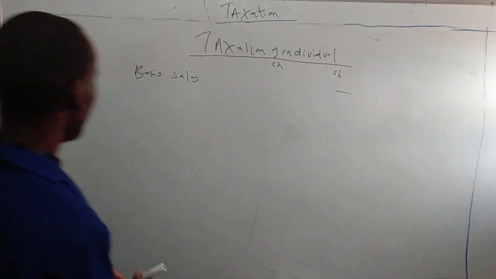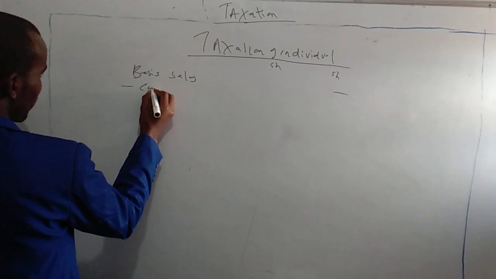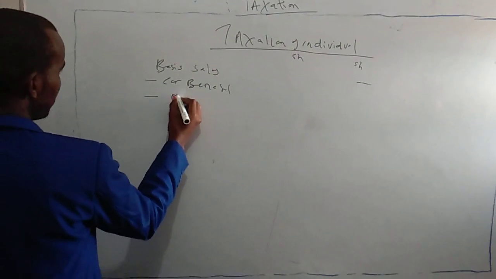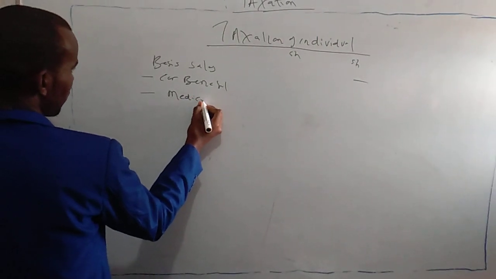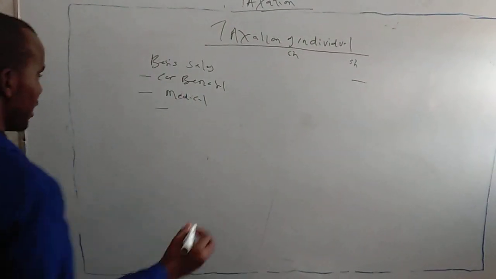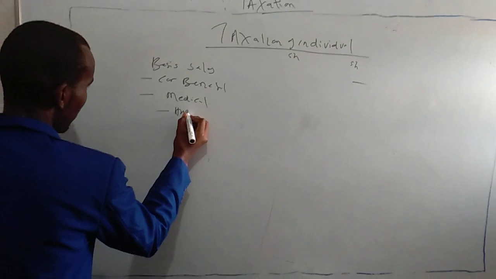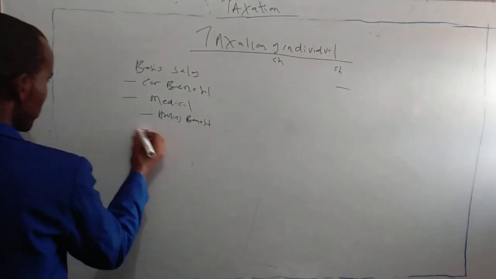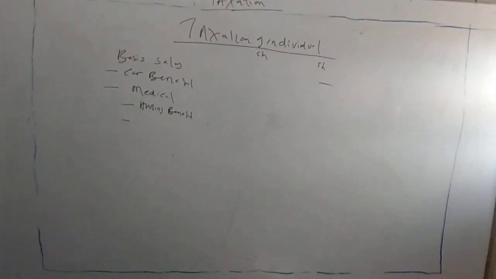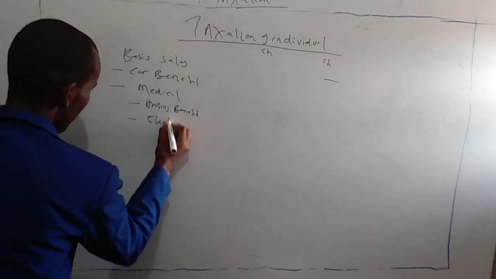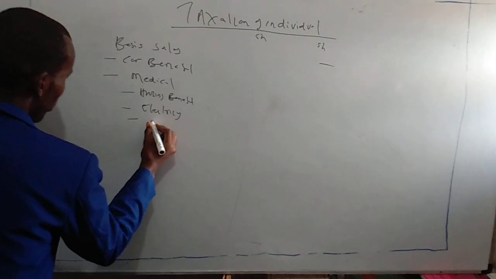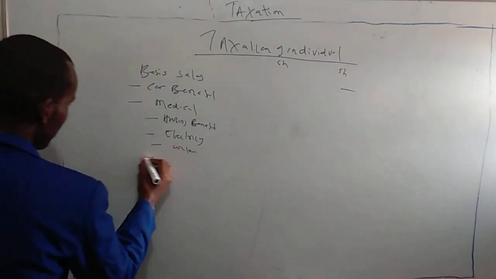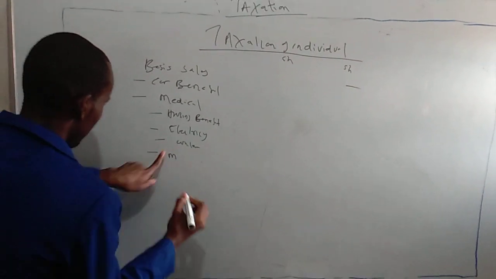We have other employment income. You may have the car benefit, the medical benefit, housing benefits. We also have electricity, water, then mobile telephone.